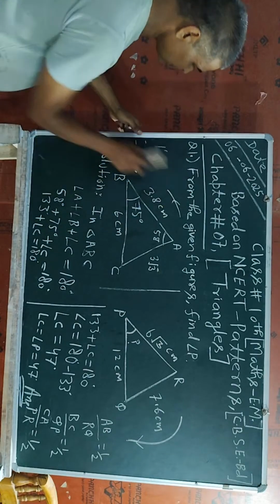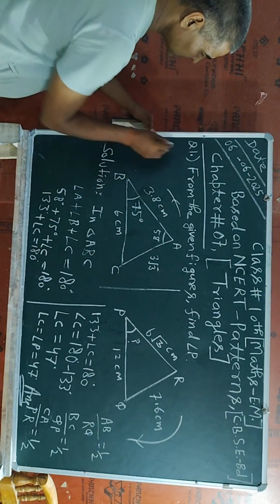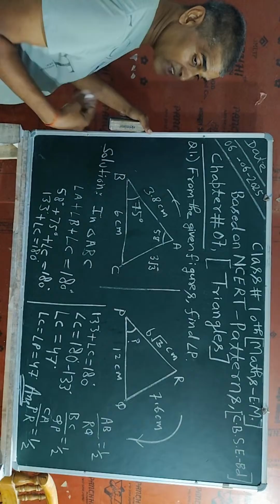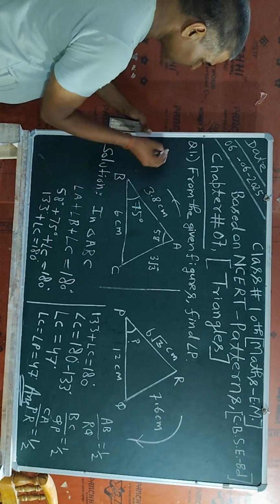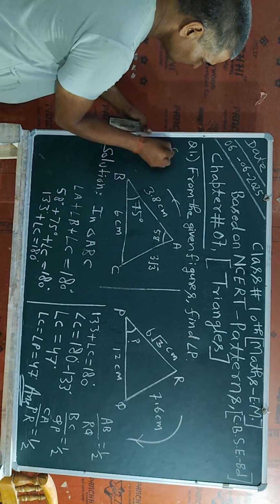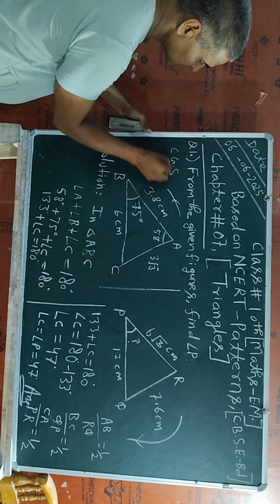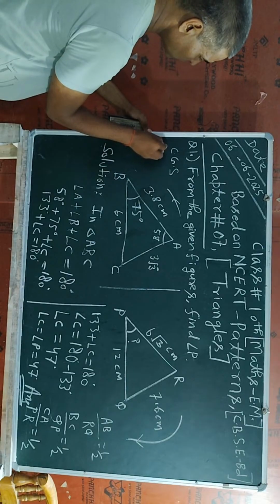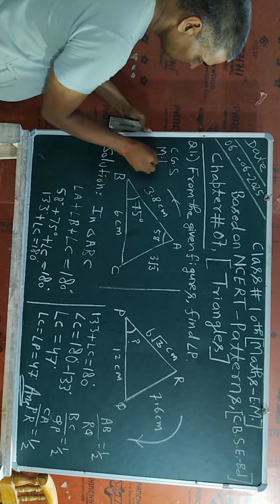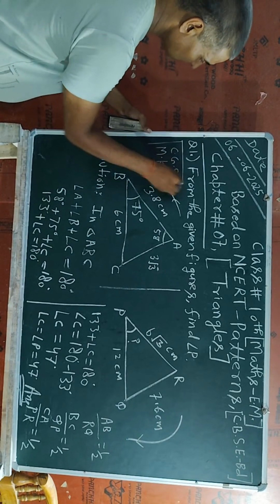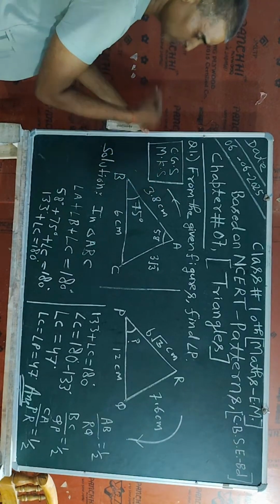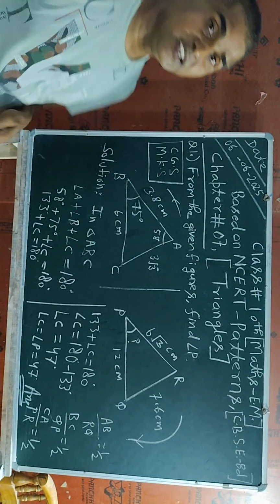Now here I am writing: you write the difference between distance and displacement, and you also write its unit in the CGS system and also in the MKS system. So this is the task, and you have to give its answer in the comment section.